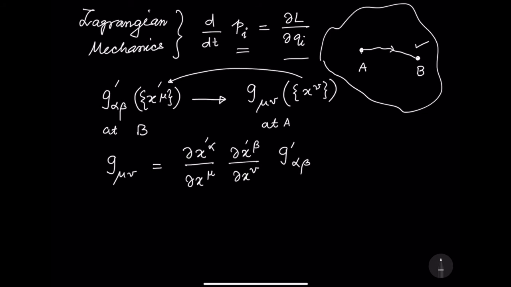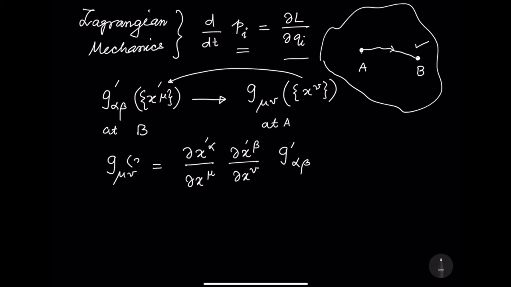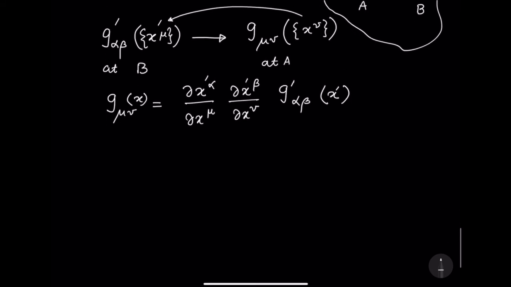Just to remind you, these are functions of x prime mu. Let me write a shorthand. These are functions of x. These are functions of x primes. Okay. So this is the general transformation rule.